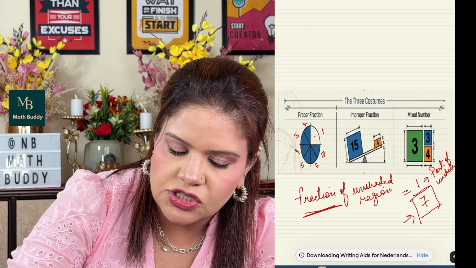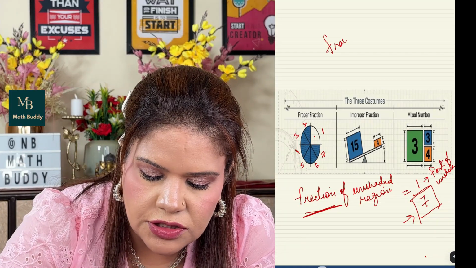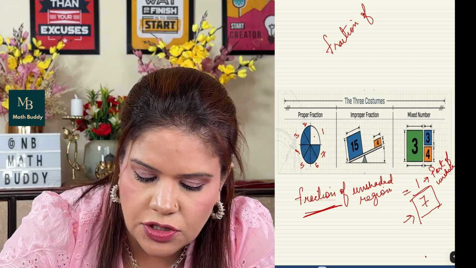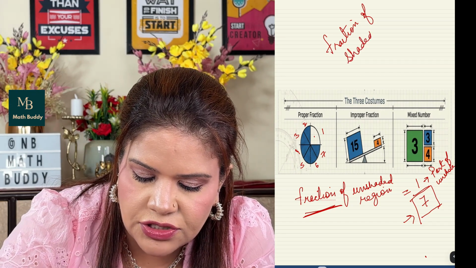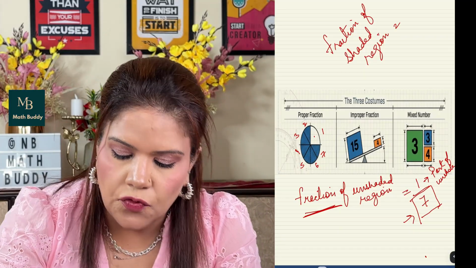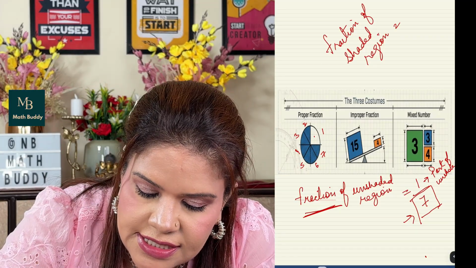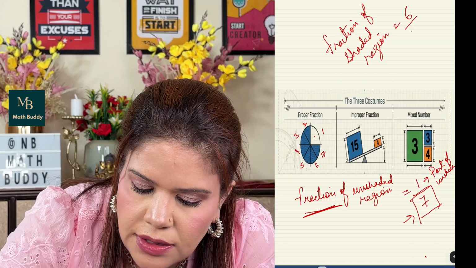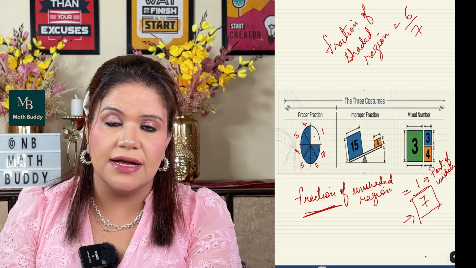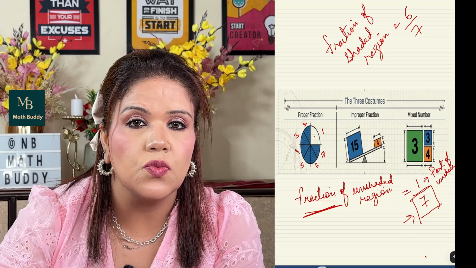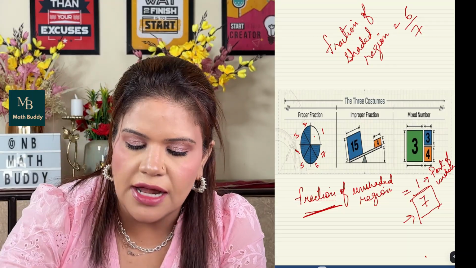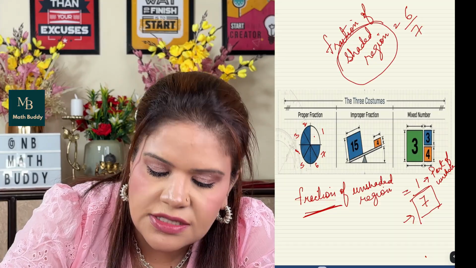And if I ask you what is the fraction of, now see my question is changing, the fraction of the shaded region. So what will you be writing? You will be writing 6 upon 7. See, the denominator is telling us the number of pieces it was divided into, and the numerator is telling me what fraction he is asking.